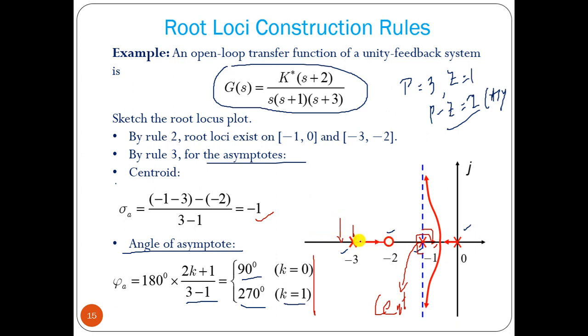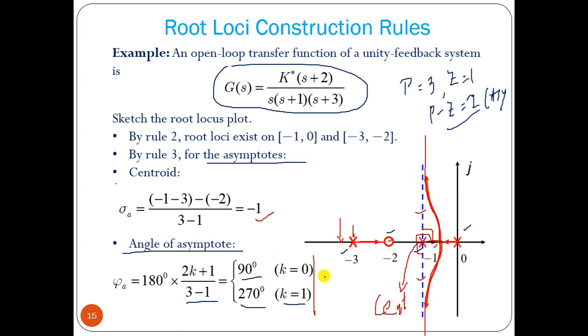And at this point 4 poles and 0, so there is no real axis segment. So these two poles come here, break away, and go along this asymptote to infinity. This pole comes here, breaks away, and goes along the asymptote to infinity. Okay, so that is the function of asymptote.